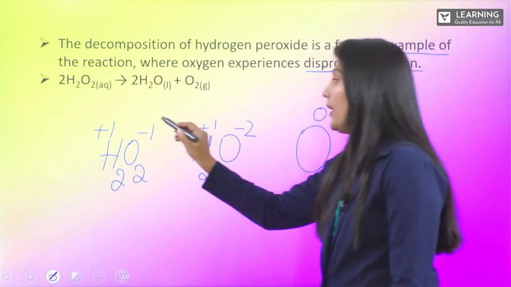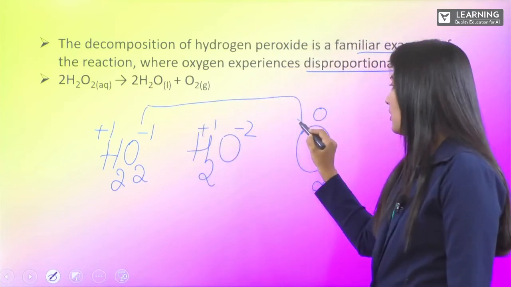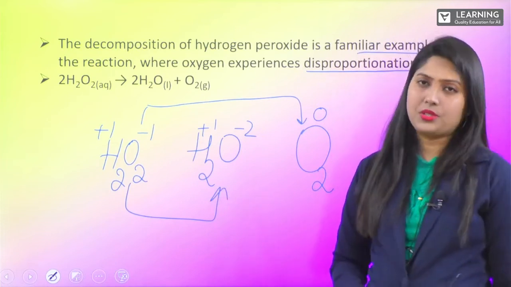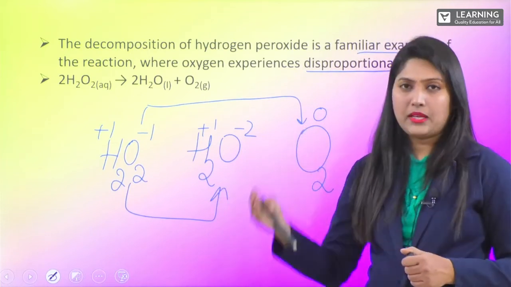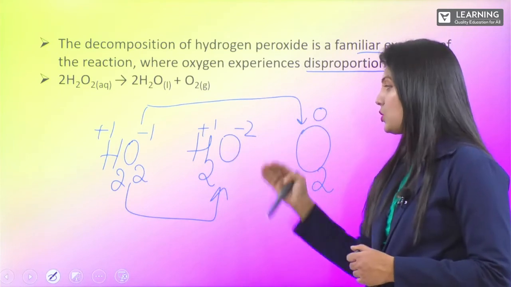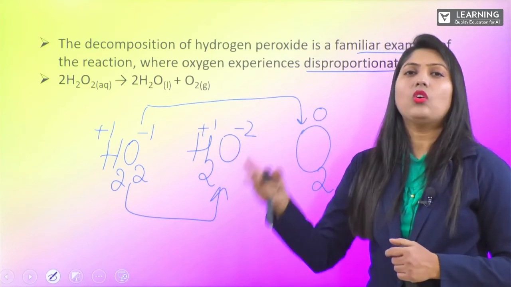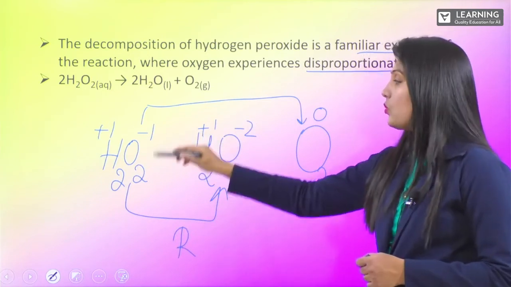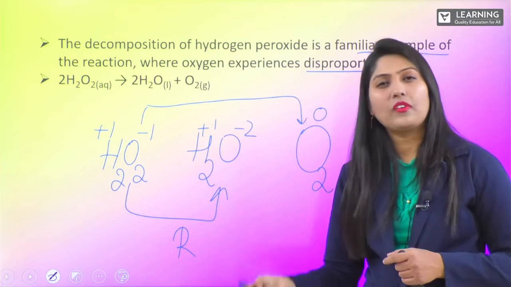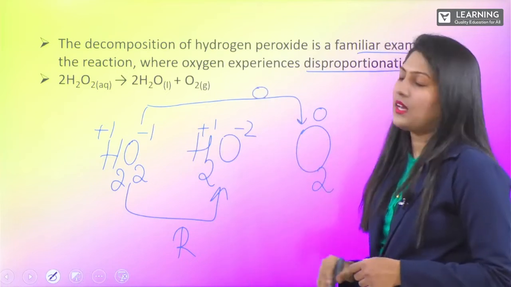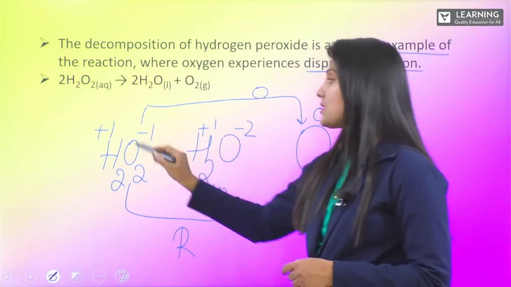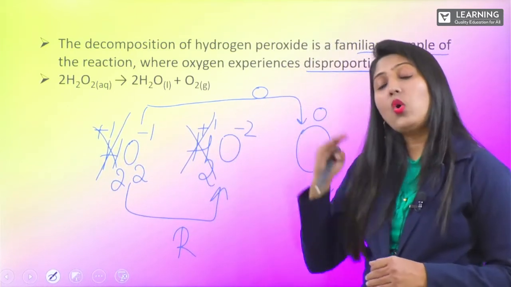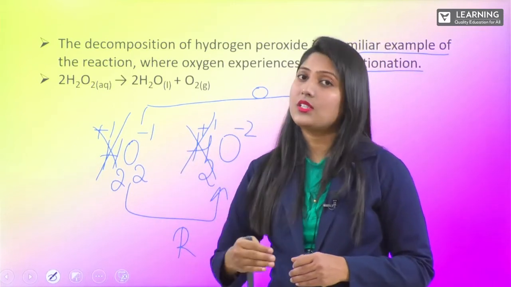That means one oxygen is undergoing reduction and the other is undergoing oxidation. So -1 to -2 is gain of electrons, so it is reduced. Whereas -1 to 0 means loss of electrons, hence it is oxidized. Here hydrogen is neither oxidized nor reduced, it stays the same.